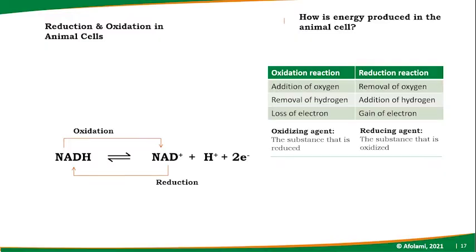So if you remember in your New School Chemistry, Ababio, under your chapter on redox reactions, oxidation is defined as addition of oxygen, removal of hydrogen, or loss of an electron. And in the same way, reduction is described as removal of oxygen, addition of hydrogen, and gain of electron.